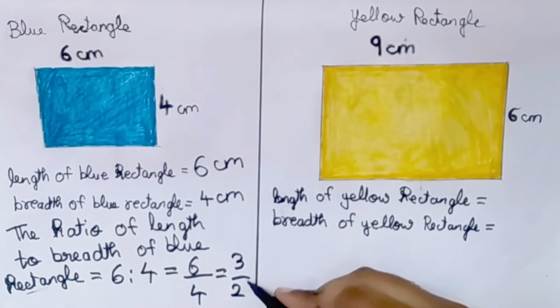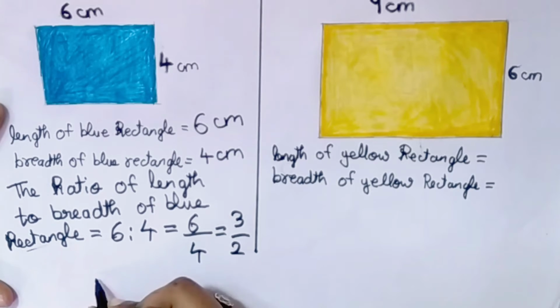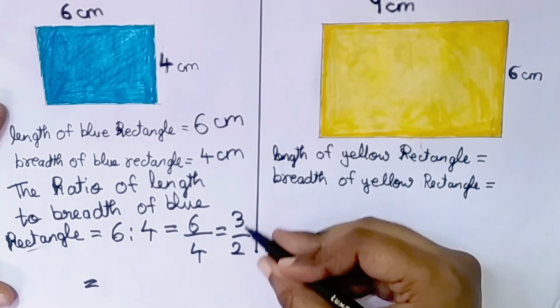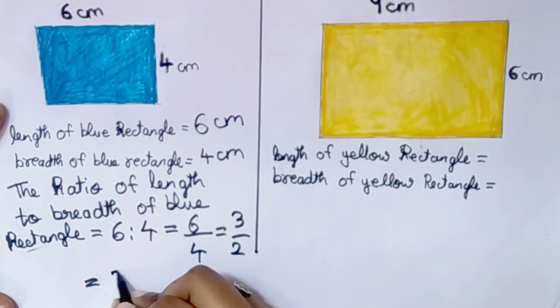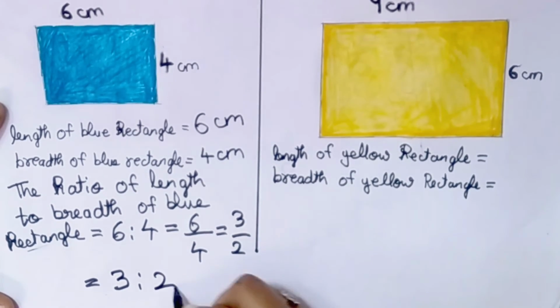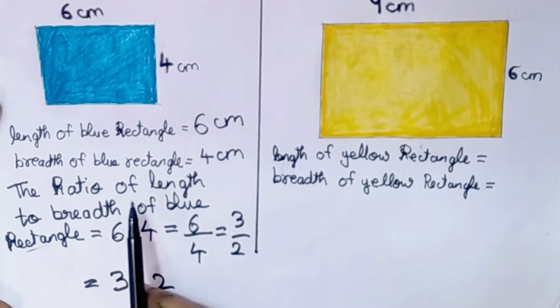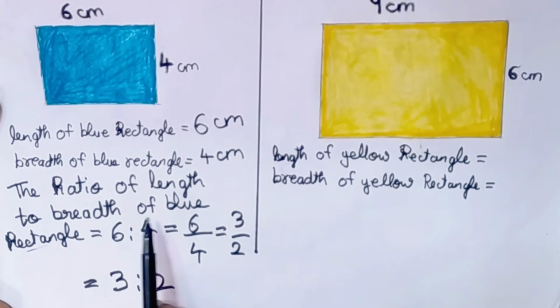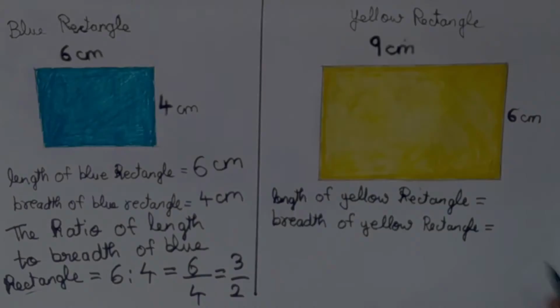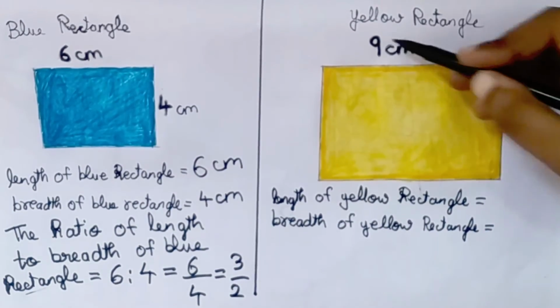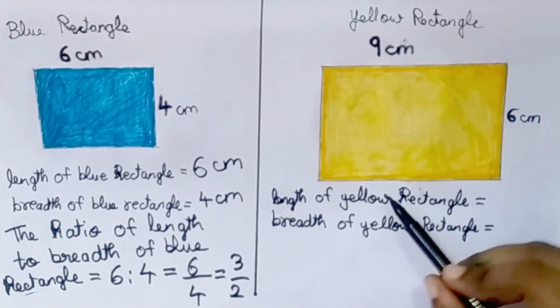So we get 3 upon 2, which we can write as the ratio 3 is to 2. So the ratio of length to breadth of the blue rectangle is 3 is to 2.